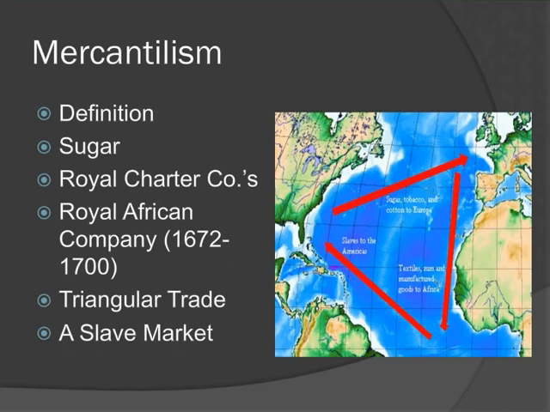Then you would take these slaves to the Americas, and you would keep the gold, and then you would trade your slaves for sugar, tobacco, and cotton, and then you would send those back to Britain with the gold and the goods, and then you would make things out of that. You would keep the gold, make things out of your cotton and other textiles, and then you would go down and trade them for more slaves. So that's what the idea of mercantilism is.